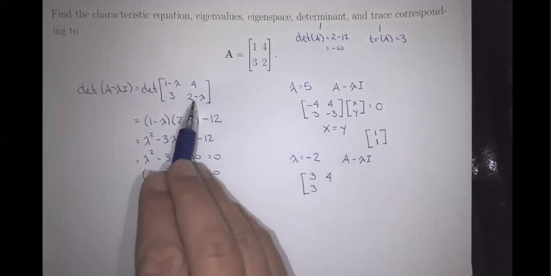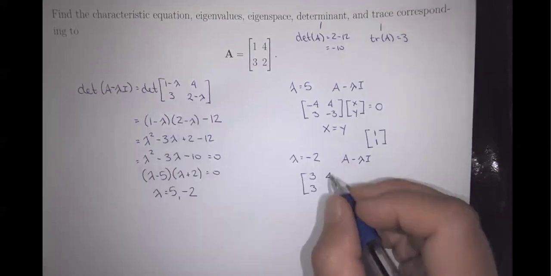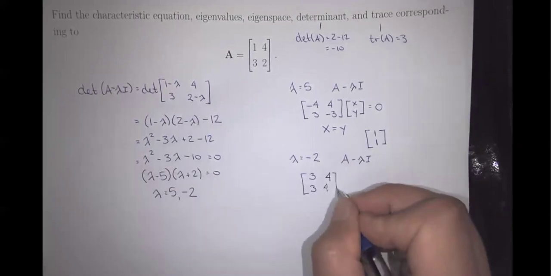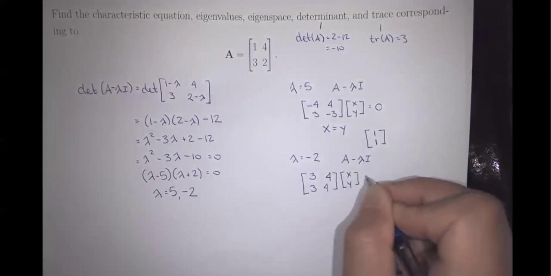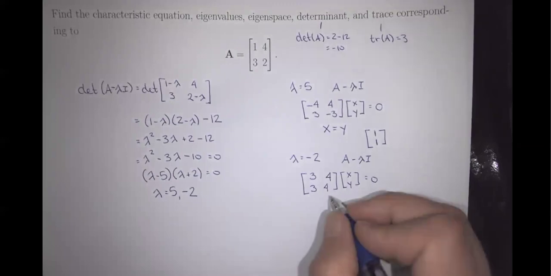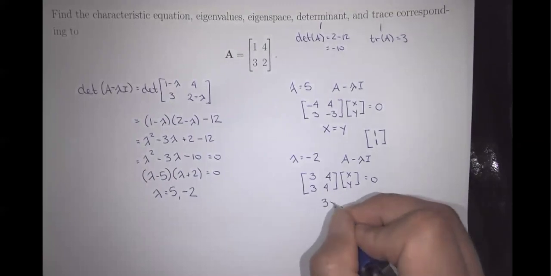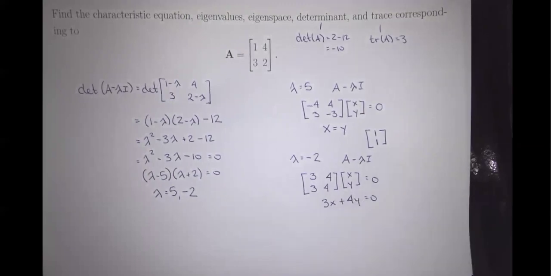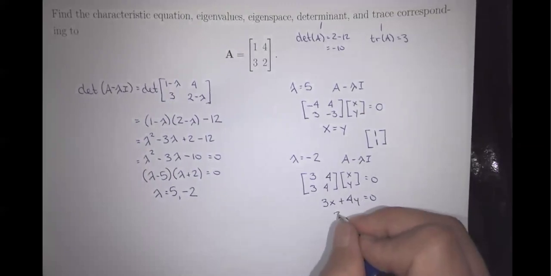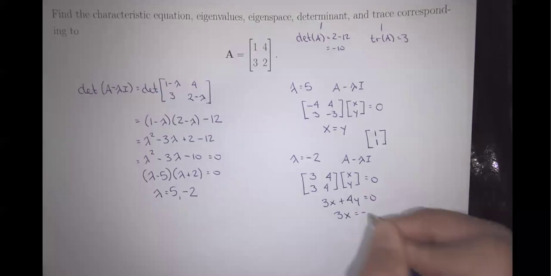And then we've got our 2 minus negative 2. So that's positive 4 as well. Times our x y equals 0. So this is 3x plus 4y equals 0, or 3x is equal to negative 4y.